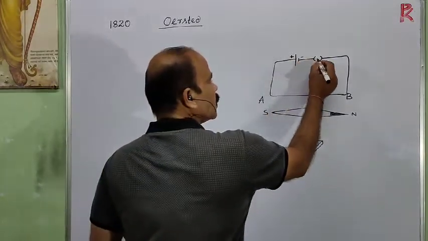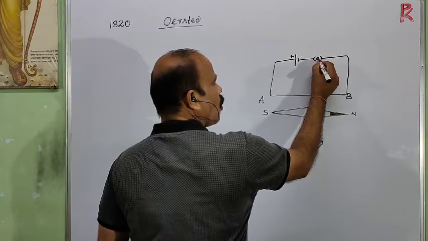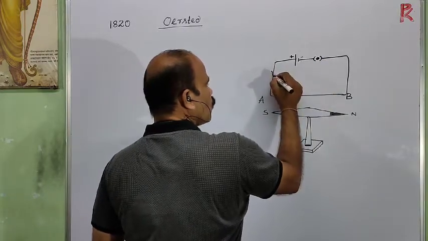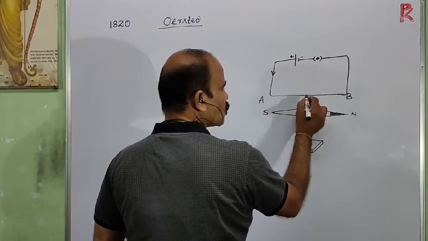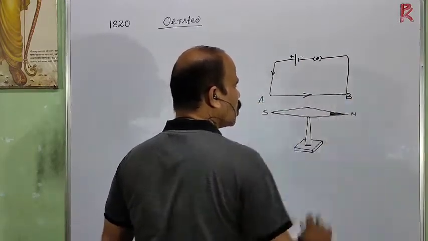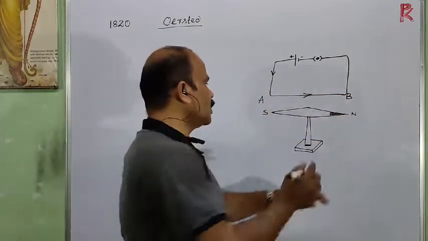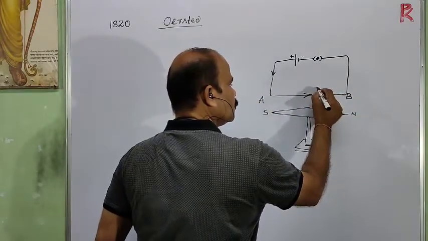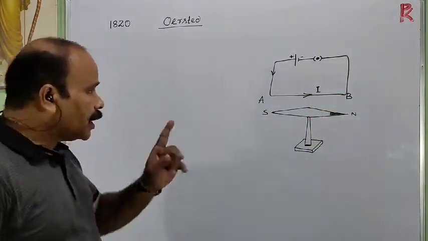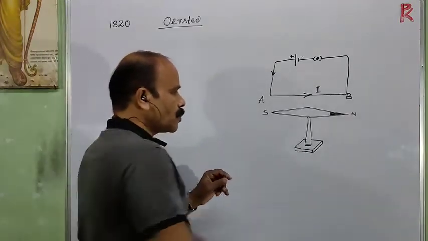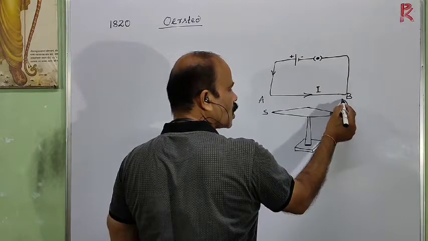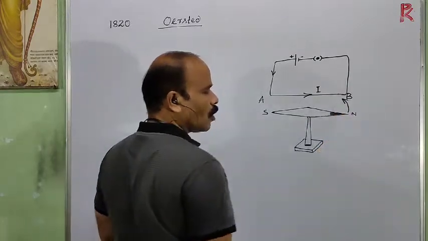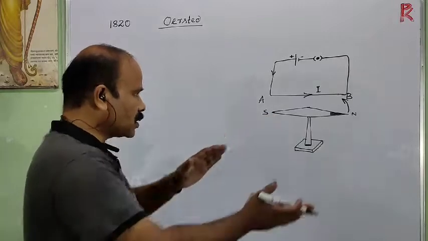When this plug key is made on, a current flows from positive to negative, that is from south to north, in this direction. It is observed that the north pole gets deflected towards the west.